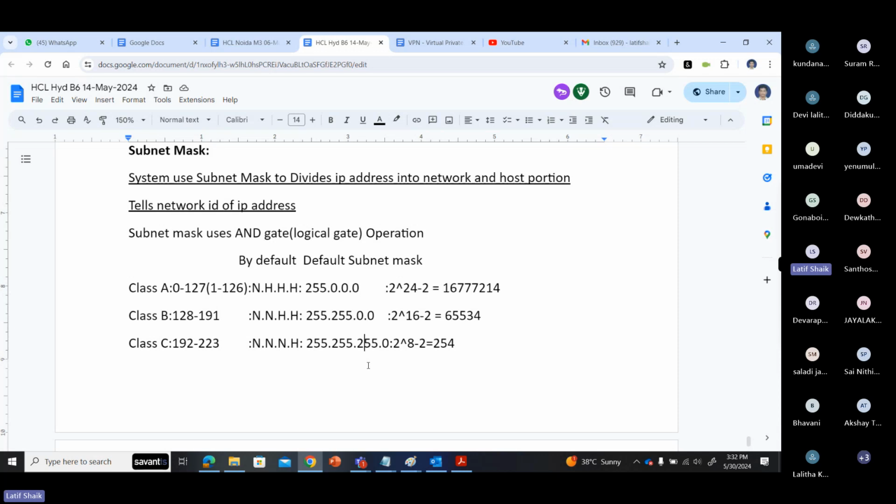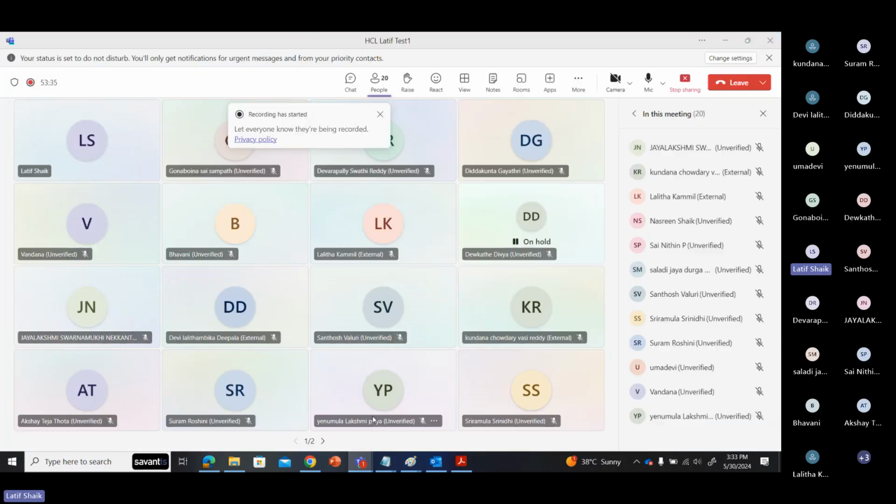It depends upon what IP address you are given. Based on that class, you have to give the subnet mask. By default it is this. Of course, we can change it. The changing I will explain later. Do you understand up to here?